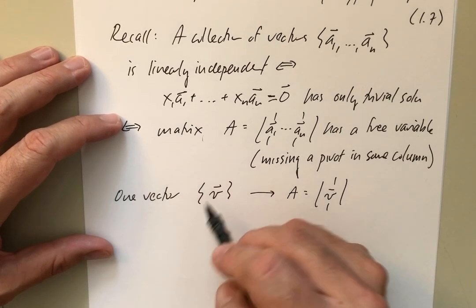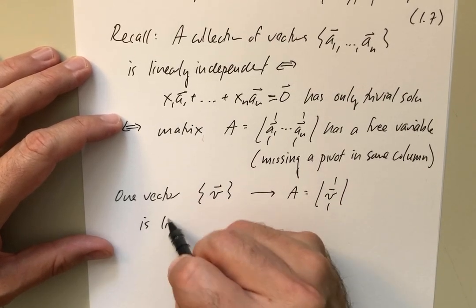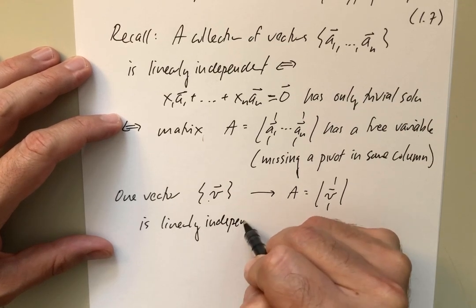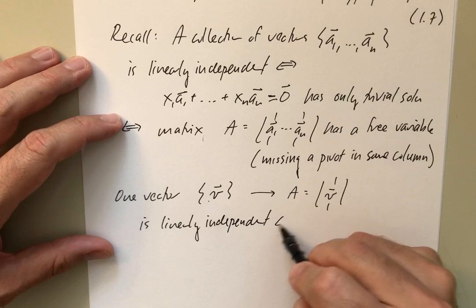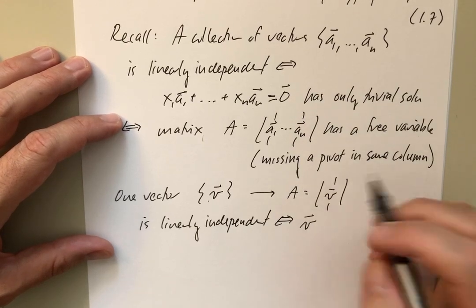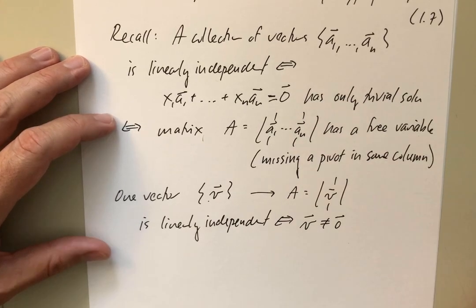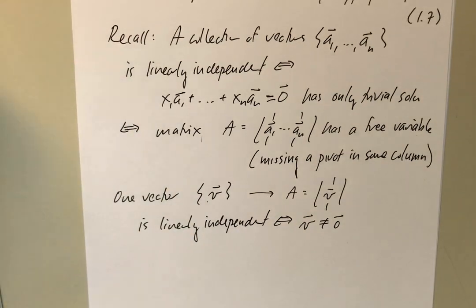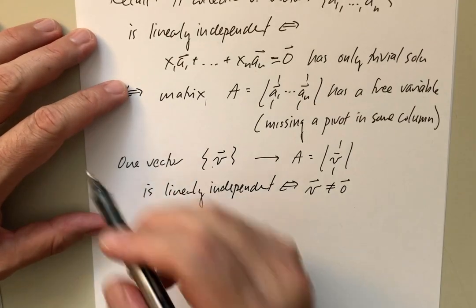So a collection of one vector is linearly independent if and only if v is not the zero vector. As long as your vector is not the zero vector, that collection is going to be a linearly independent set.